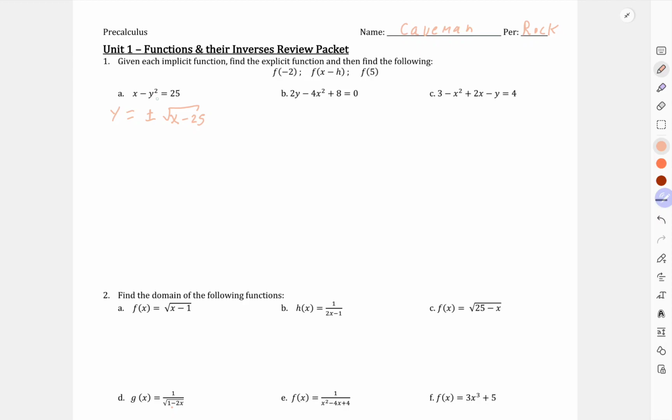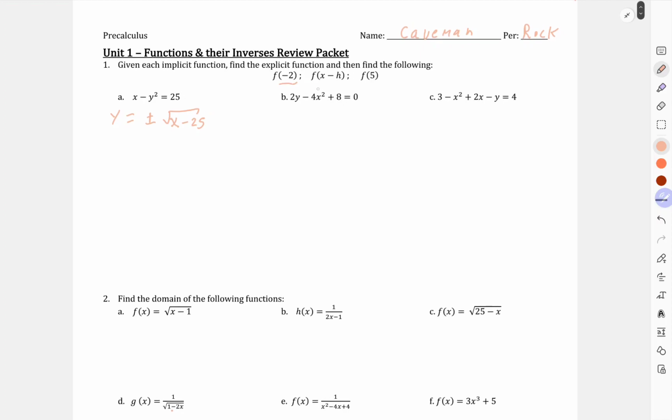If you want to get rid of the square on y, you need to give this a root. Now that we have done that, we have to plug in each individual one of these. So this one, and this one. So f of negative 2, f of x minus h, and f of 5.